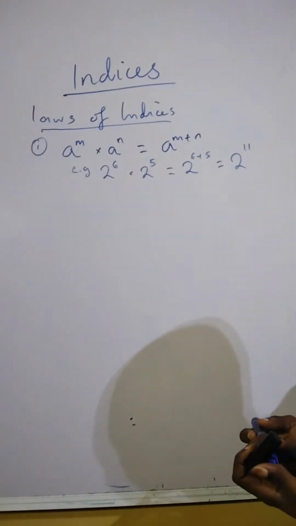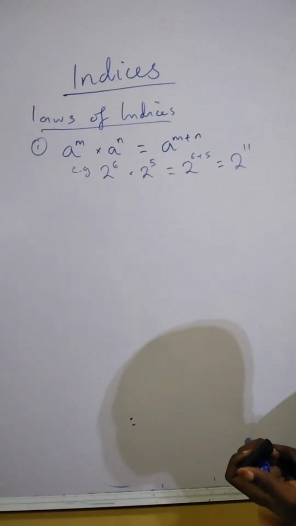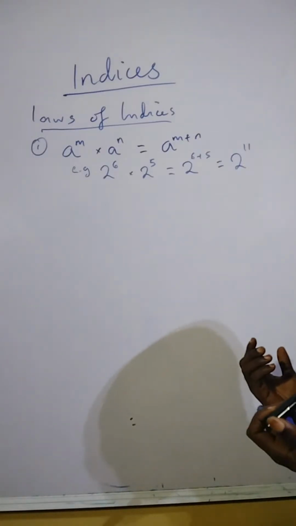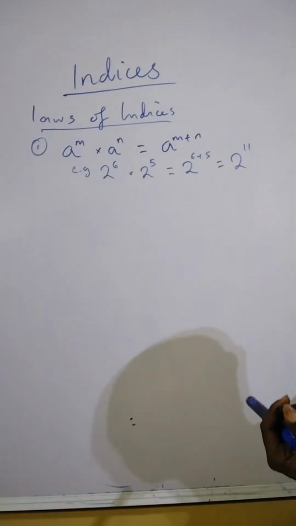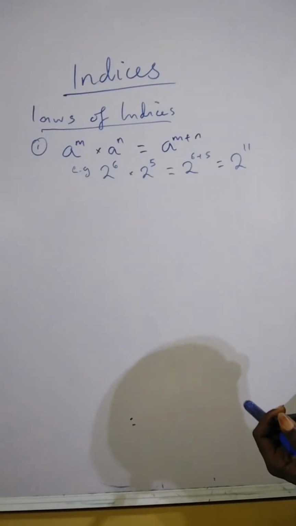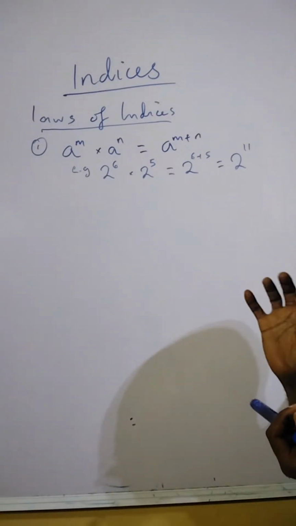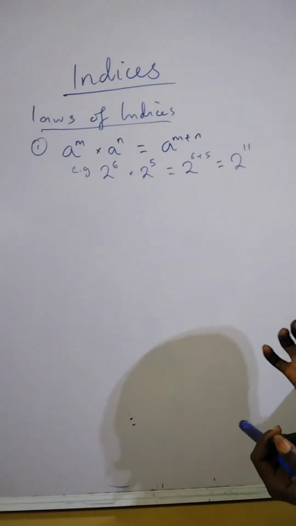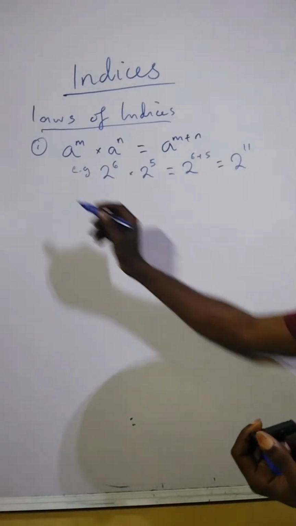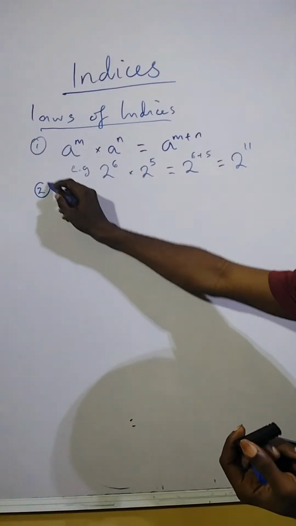So that is how that works. First, it must have the same base. Then once numbers with the same base multiply, we sum the power. So you know that first law.